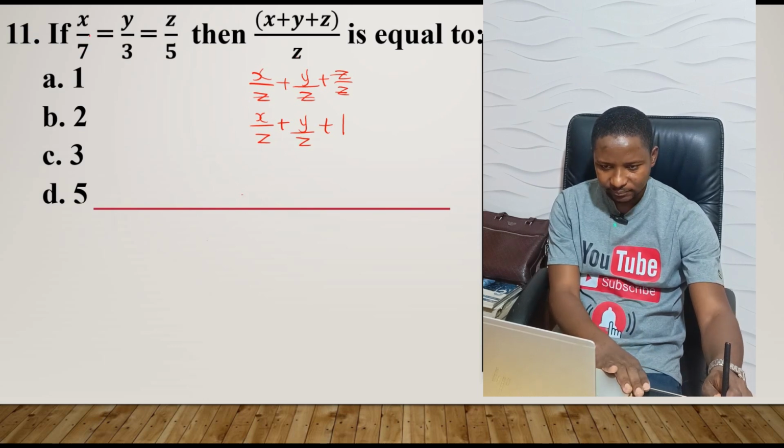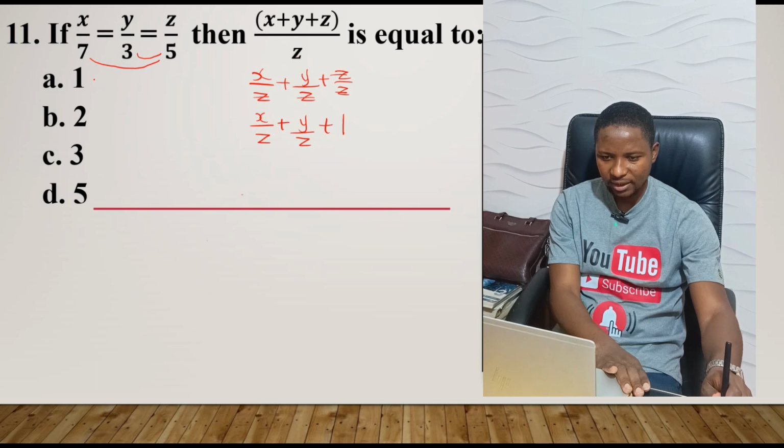We can pair these two together to find the first, then later pair these two to find the second expression. If I pair the first two together, I have x over 7 equal to z over 5. Then the next two, y over 3 equal to z over 5.